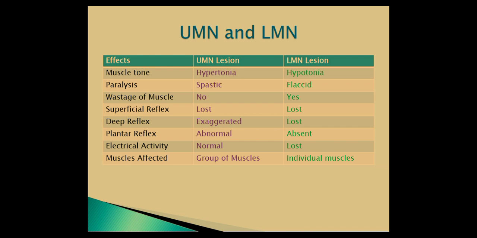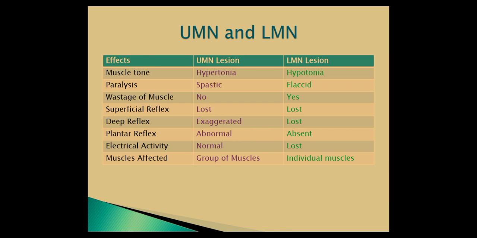Whenever the upper motor neurons are lesioned, deep reflexes are exaggerated because there is no control over the lower motor neuron, so excessive motor impulses are generated and the reflex increases. Whenever the lower motor neuron is lesioned, the deep reflexes disappear or are lost.